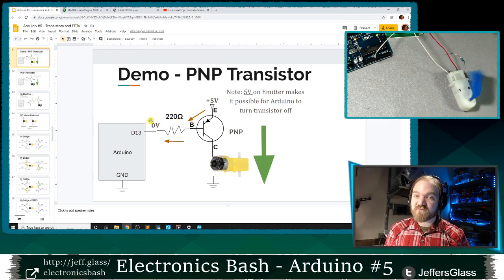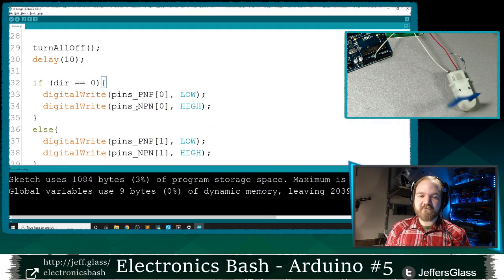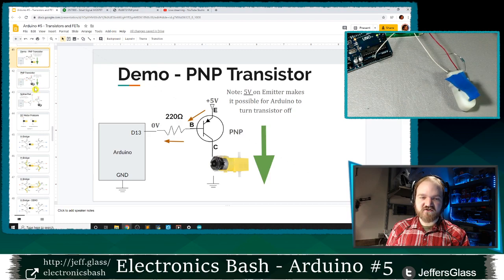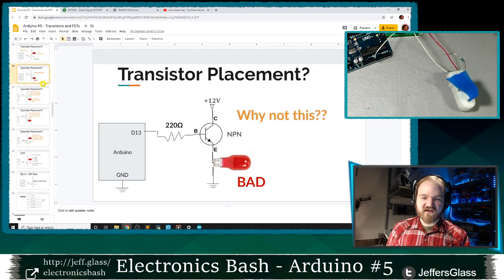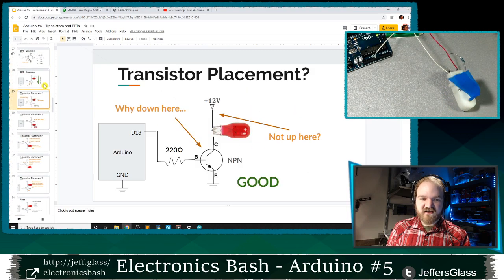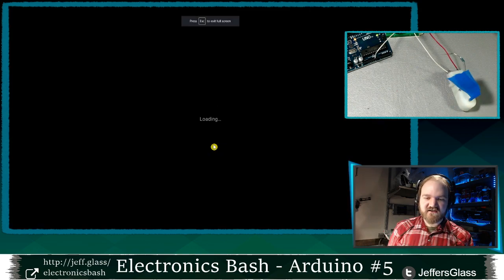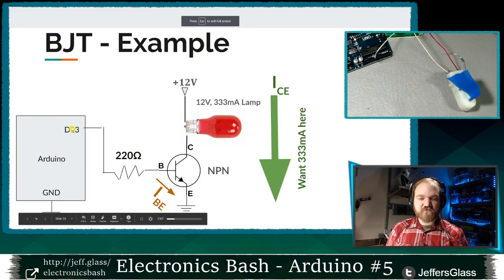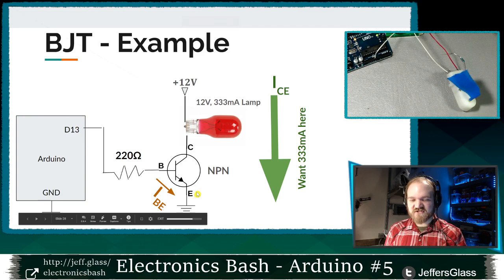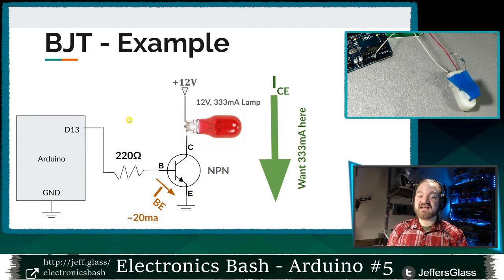So I need that digital pin to be low. I need to be at 0 volts to get this PNP transistor to turn on. To turn my NPN transistor on, I need current flowing into the base, right? I need current flowing from my pin into my NPN. So to turn my NPN transistor on, I need this digital pin to be at 5 volts, right?